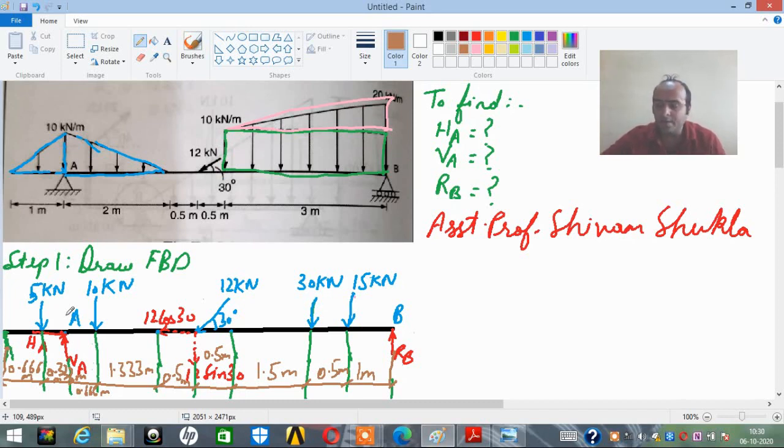So let's go ahead and get the values one by one. Let's do the calculation. Go to step number 2.